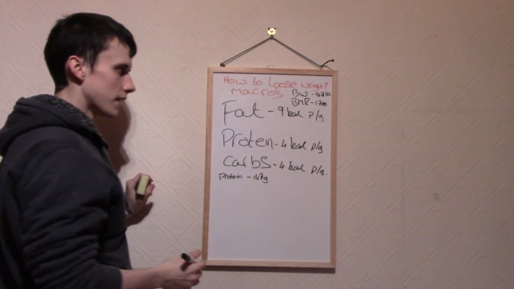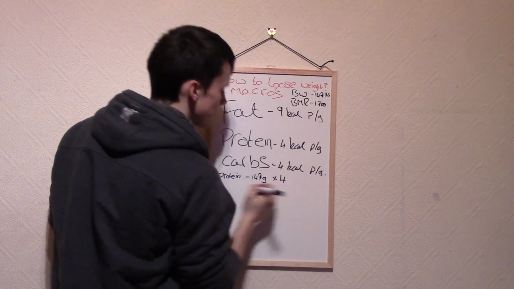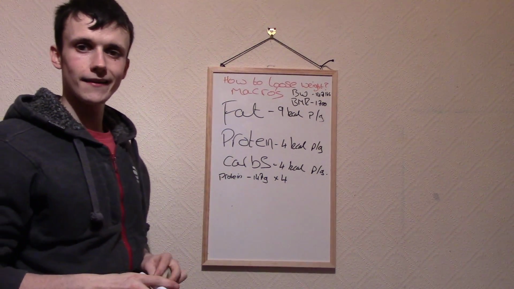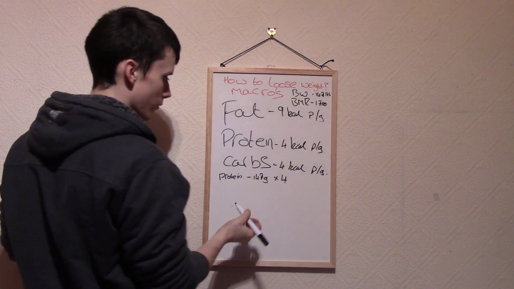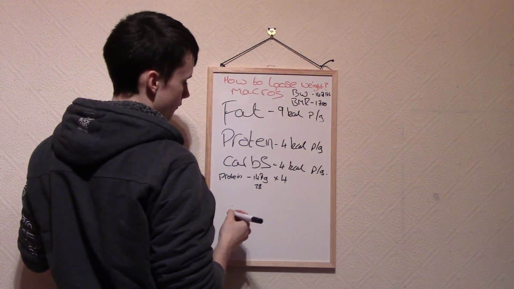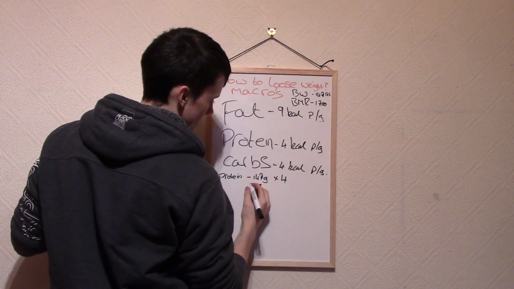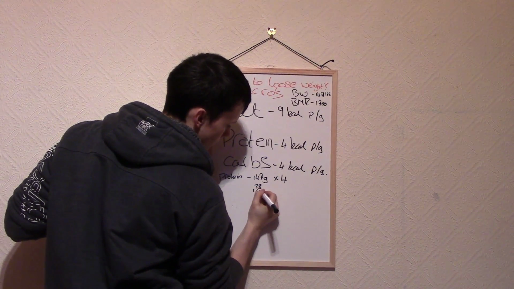And now to find out how many calories that is, we're going to times that by 4. Off the top of my head, well, I don't really know, let's work it out. 7 4s are 28. 4 4s are 16. Add a 0, so that's 160.